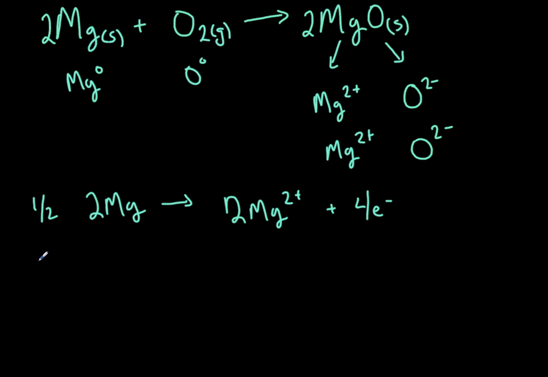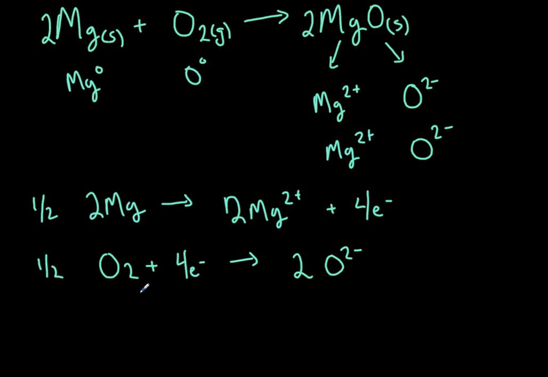And then the other half of the reaction looks like this. So we have an O2, or 2 oxygens if you want to do it that way, plus 4 electrons. We're going to give you 2 oxygens with 2 minus. Does that make sense?